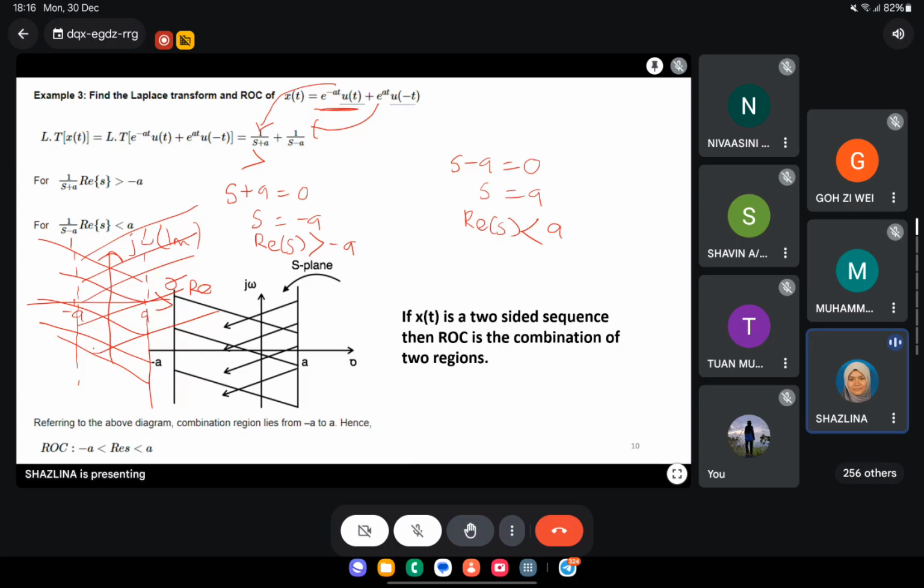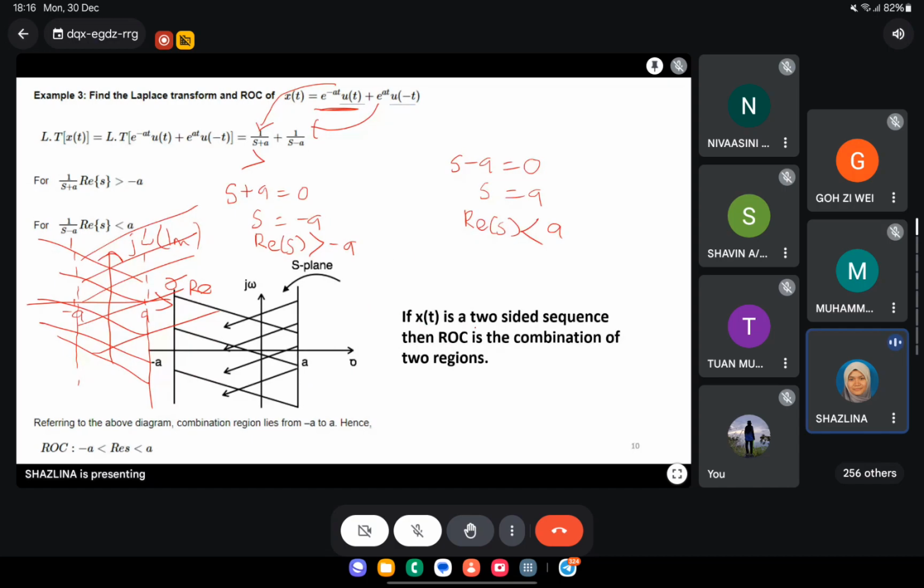So the ROC here is between minus A and A. So the ROC is bigger than minus A, but it is smaller than A. So for a signal that has both left-sided and right-sided parts, the ROC is a region where one is bigger than a pole and the other one is smaller.